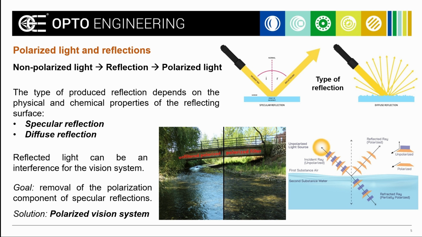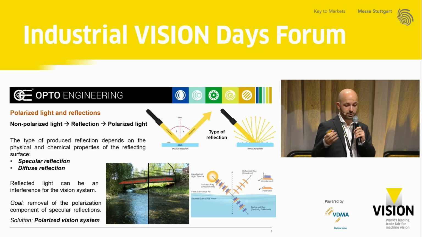Based on this criterion, we have specular reflection or diffuse reflection. Specular reflection is when light is reflected once by the surface, and it is typical for smooth and shiny surfaces with a high degree of polarization, such as glass, water, metal, and so on.